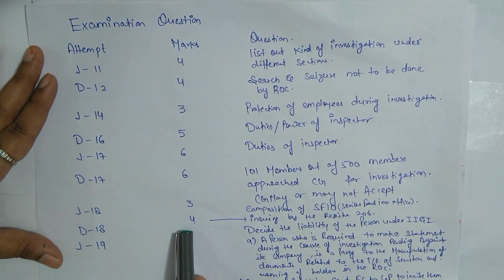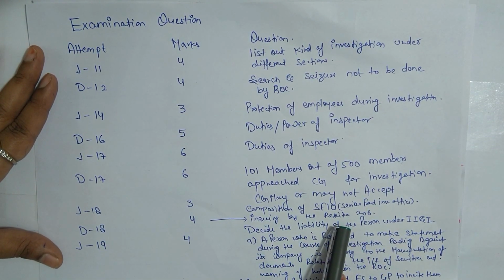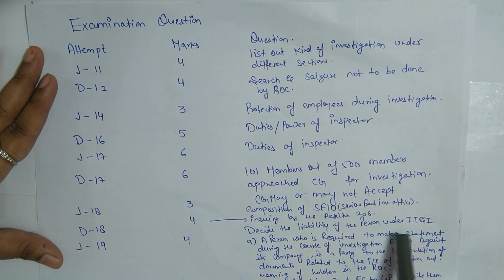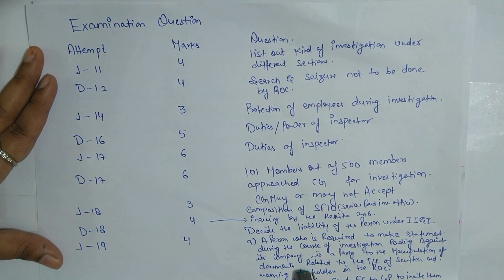June 18, 4 marks, inquiry by the Registrar, Section 206. December 18, decide the liability of a person under investigation, inquiry and inspection. That is, a person who is required to make a statement during investigation pending against the company is a party to the manipulation of the company. Documents related to transfer of securities and warrants of holders in the ROC.